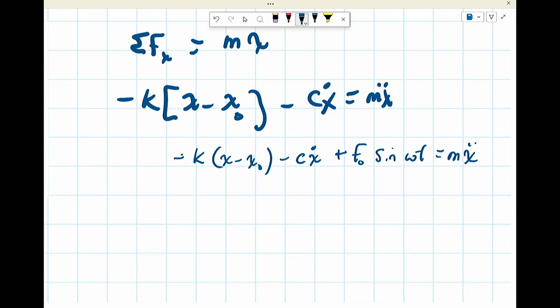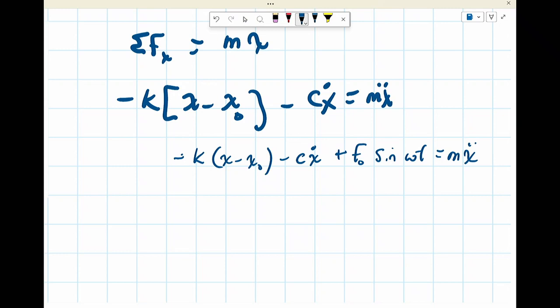Now, of course, one of the things you should pick out right away is why didn't I make F naught sine omega t equal to a negative value? Because I can't. The reason I didn't do that is because I just want to add all the terms together, bring everything that's negative to the right-hand side, and leave the F naught term on the left-hand side.